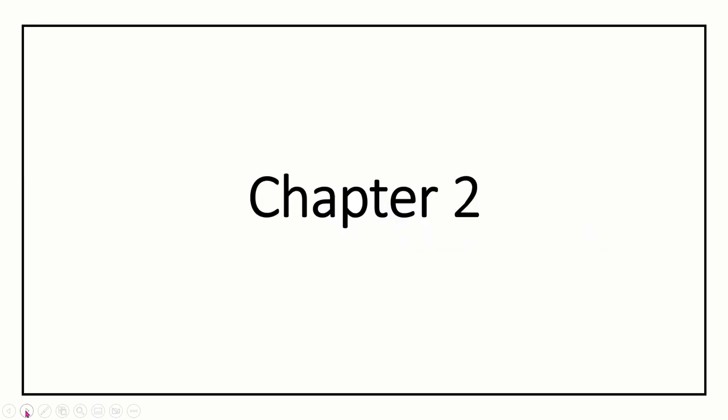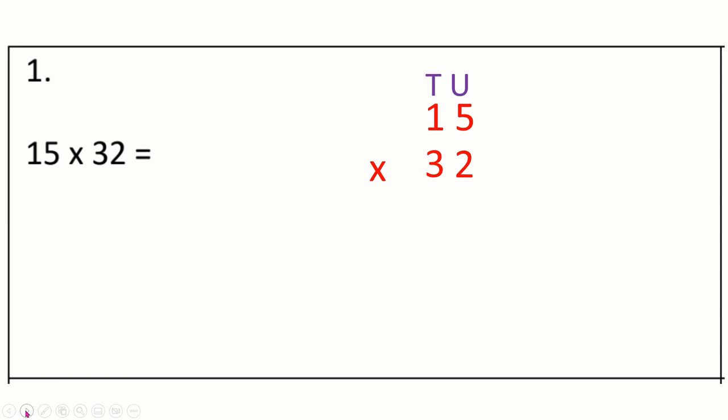Let's go on to chapter 2. This time we're multiplying a 2-digit number by a 2-digit number. So first of all, I'm going to multiply 15 by 2. And that's why the 2 has been highlighted. 5 times 2 is 10.